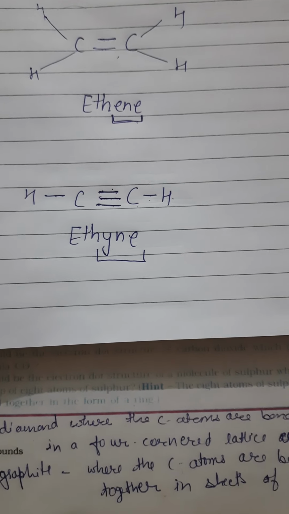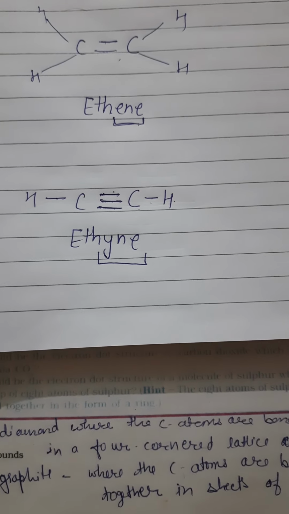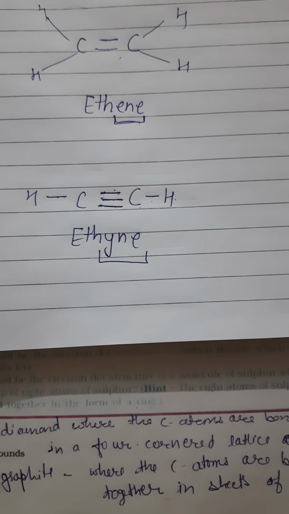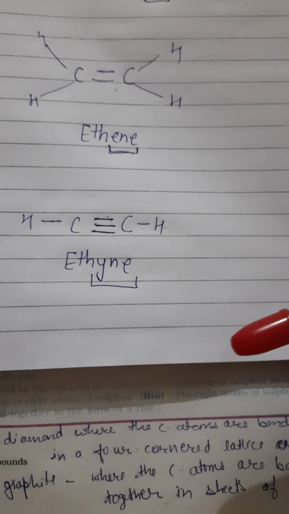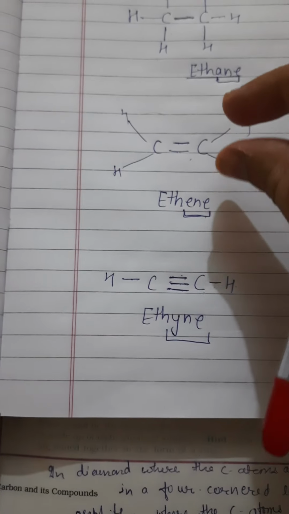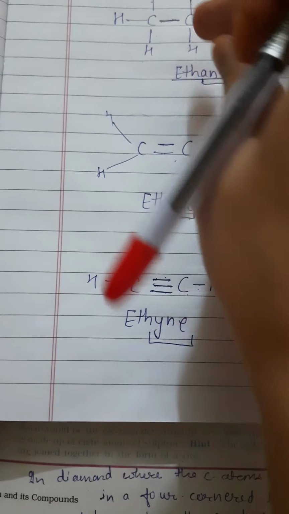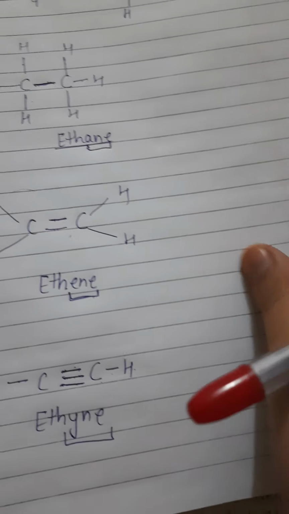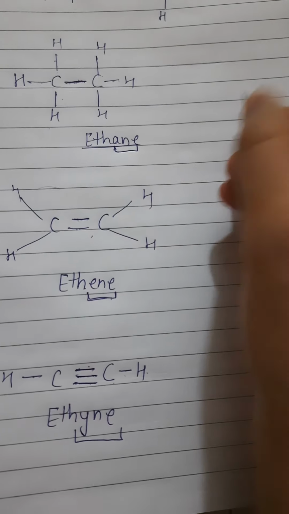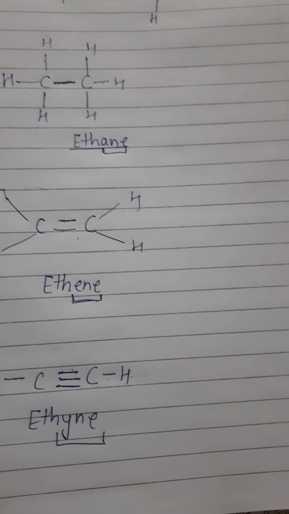In the next video, we will discuss the naming of hydrocarbons. But up to here, we have discussed how carbon can link with single, double, or triple bonds. This chain can be of more than 2 carbons also.